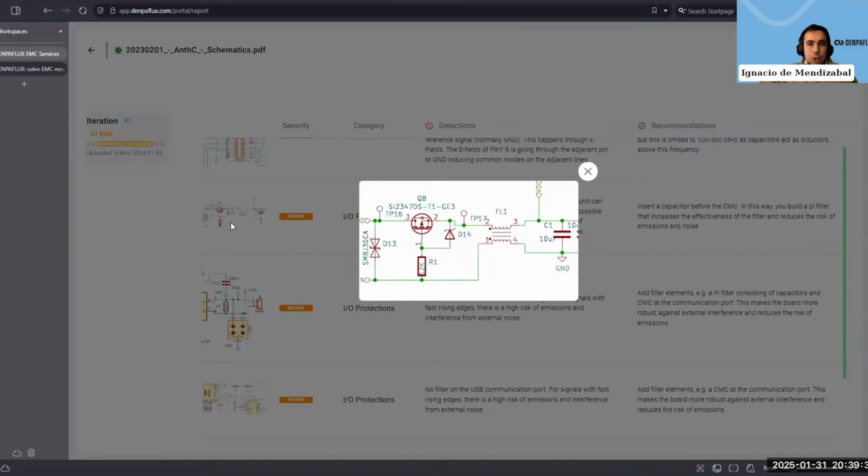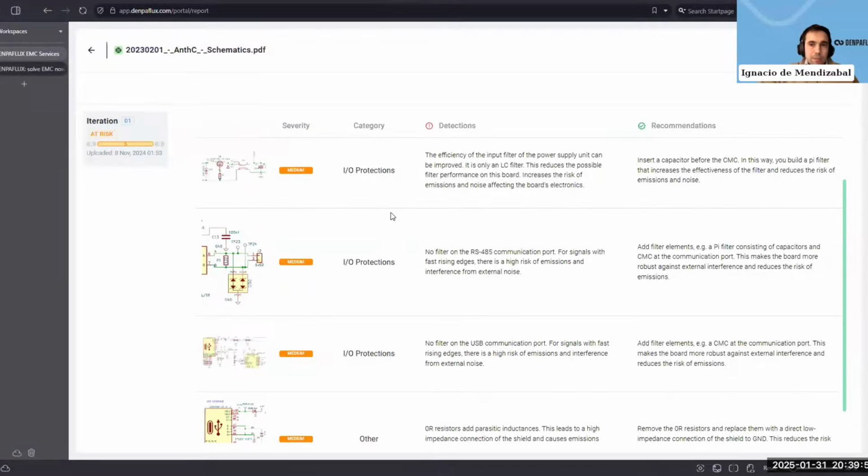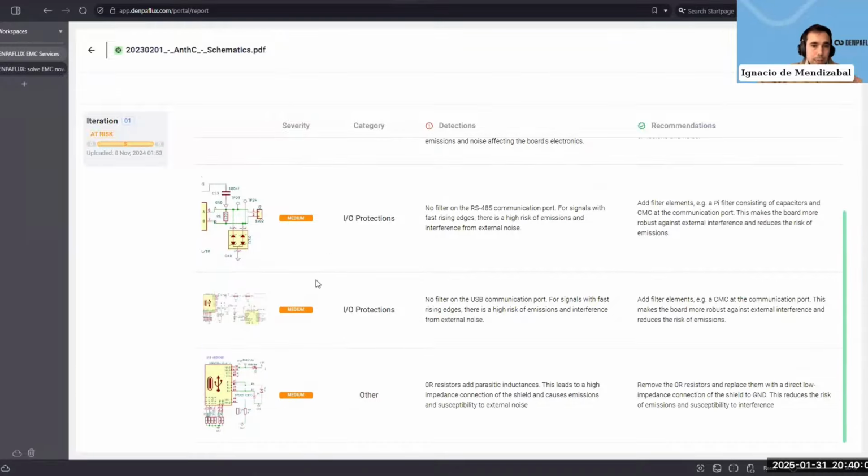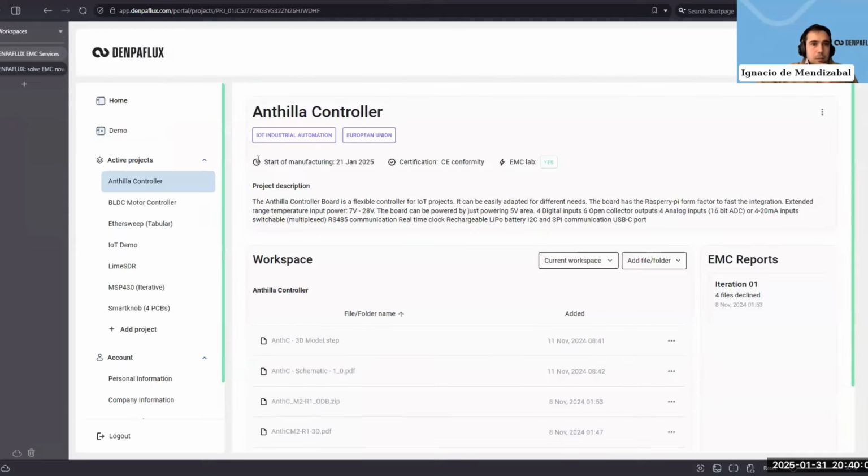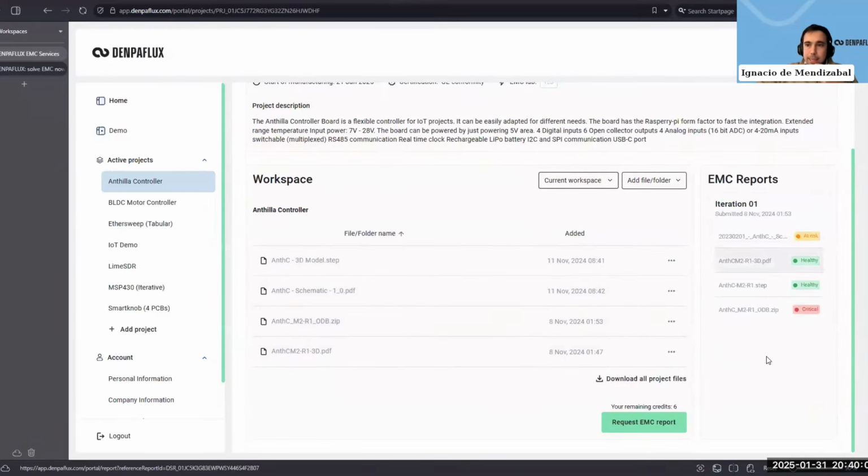It's not enough for a system to work in a laboratory environment. Systems need to work in real environments, which can be industrial or household, where there is a lot of noise and possible interference. So we check that the filters you have designed are properly designed, and whether there are components to add. That's on the schematic side.